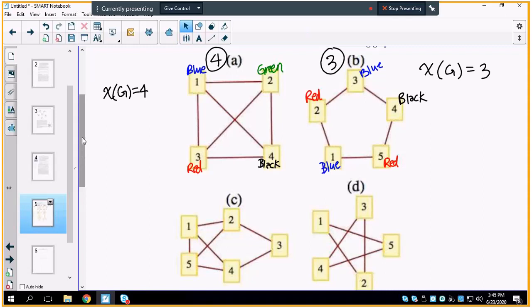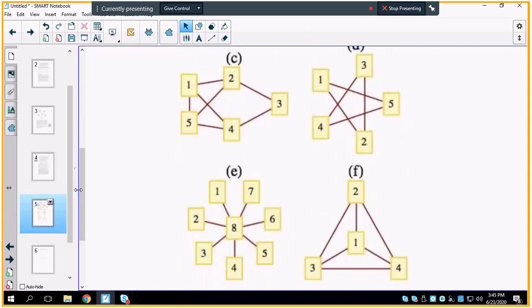Okay, what about graph C? So I'd probably proceed the same way. I'd start by looking at one vertex. I just assign a color there. And clearly if I assign a color to 1, since 1 is connected to 2, 4, and 5, none of them can have the same color as 1, but 3 could have the same color as 1.